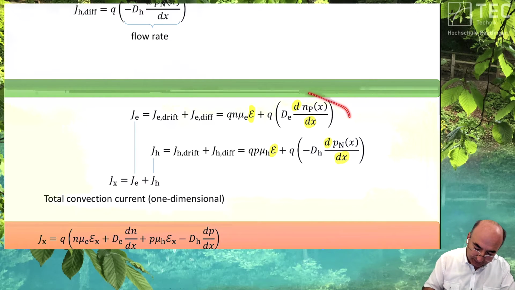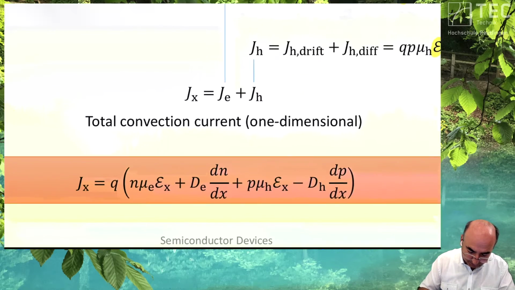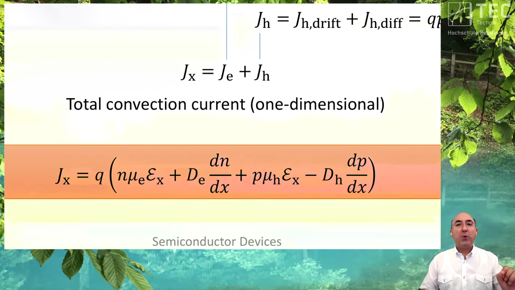So if we have these four components, we have the defining equation for the current in a semiconductor, except for the magnetic field.